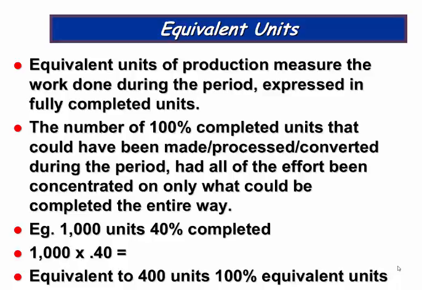And we have got to somehow come up with a quantity in order to divide that quantity into the total cost so that we know on a per unit basis how much to assign to those that were transferred out and how much to assign to those that are still in process that have not been completed all the way. So what we have to do is calculate equivalent units.